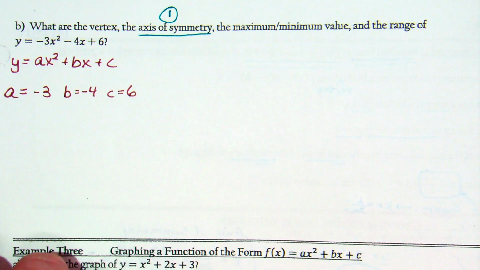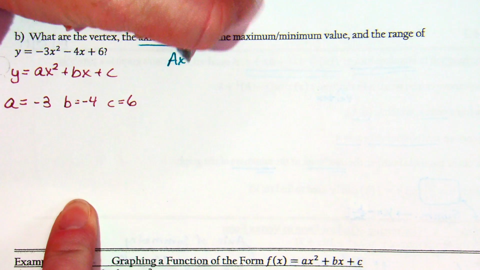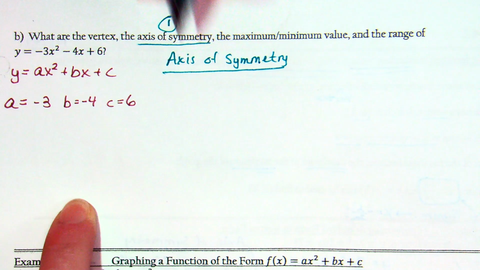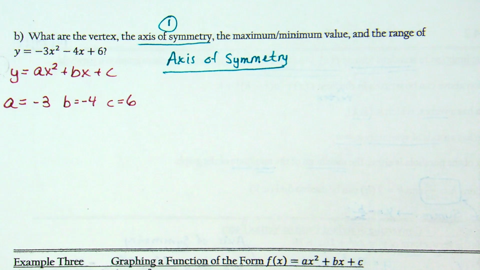Okay. Axis of symmetry formula. What was it? That's right. Okay, so axis of symmetry formula, x equals negative b over 2a.